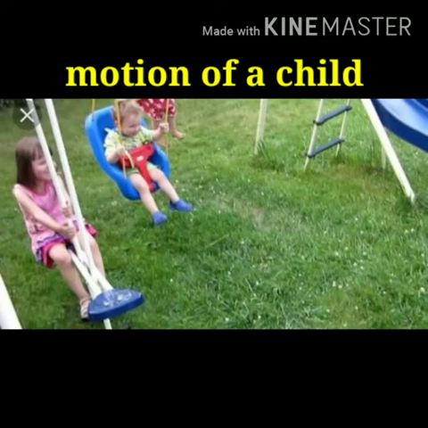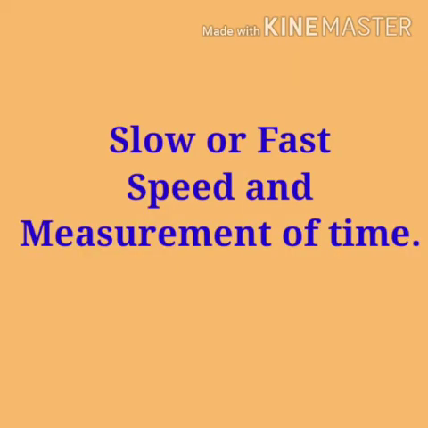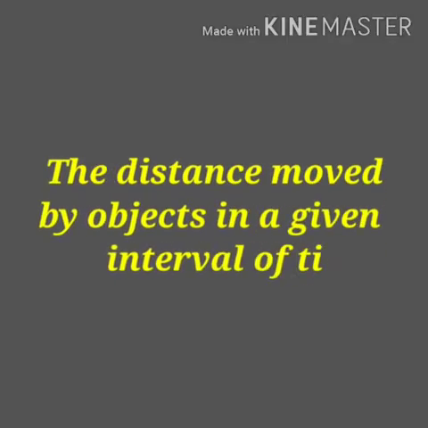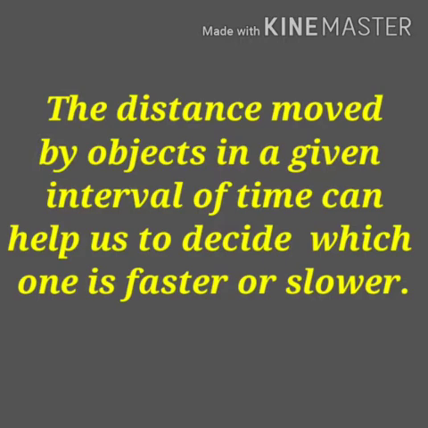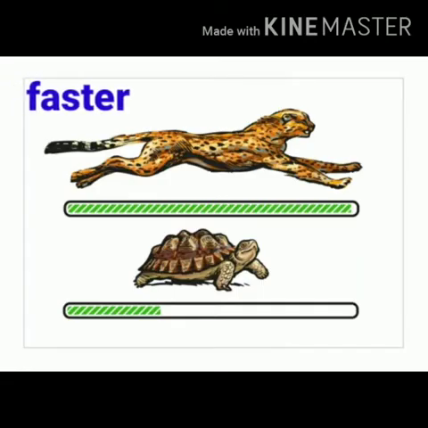Dear students, in this class, we shall study about slow or fast, speed, and measurement of time. The distance moved by objects in a given interval of time can help us to decide which one is faster or slower. Objects can be said to be faster or slower if they move in the same direction.